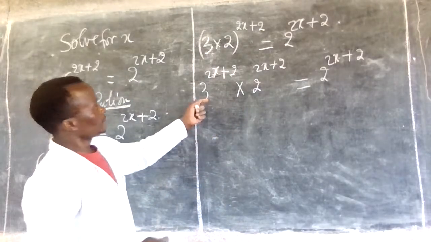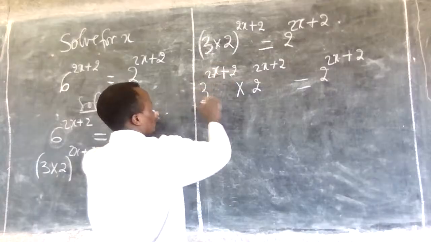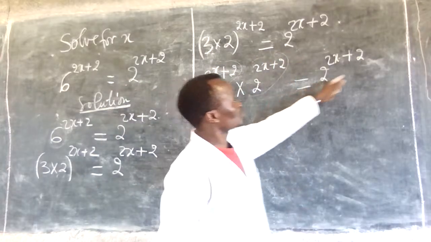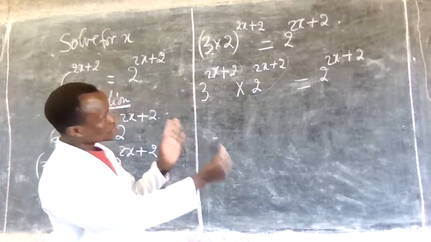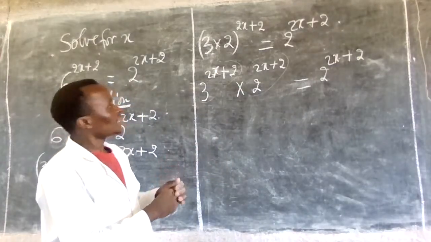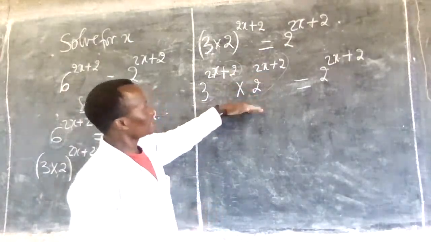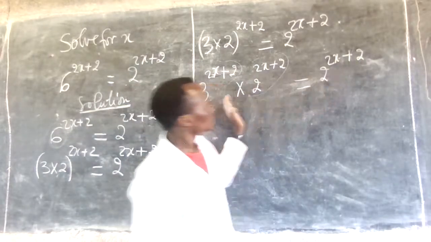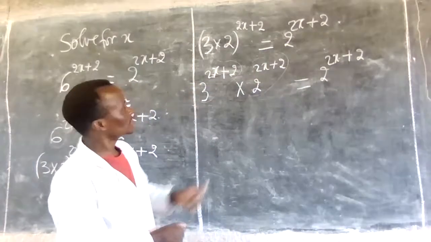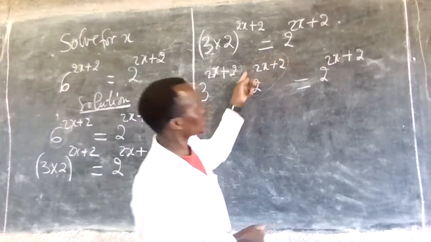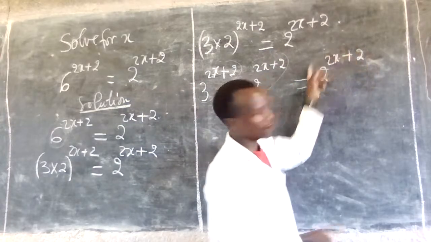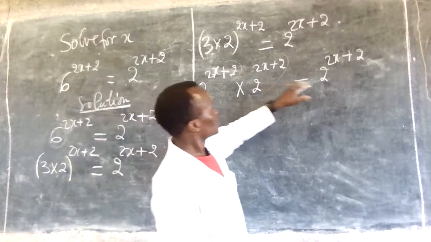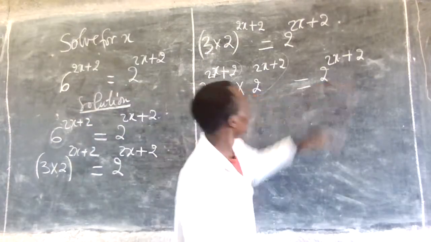So now here you see we have this factor times this also, which is equal to this one. So we are going to see the similar factor, and we divide that similar factor to both sides. See, this factor is similar. Now we are going to divide here and here.